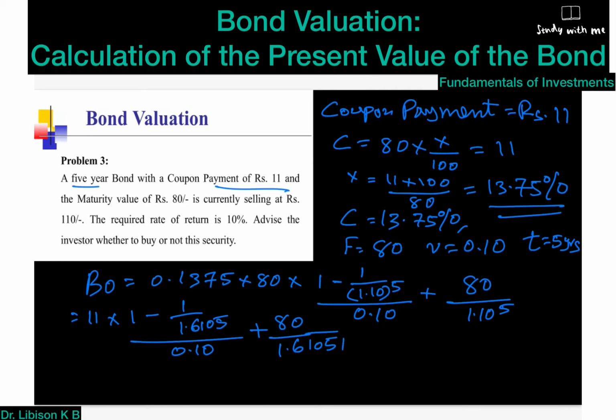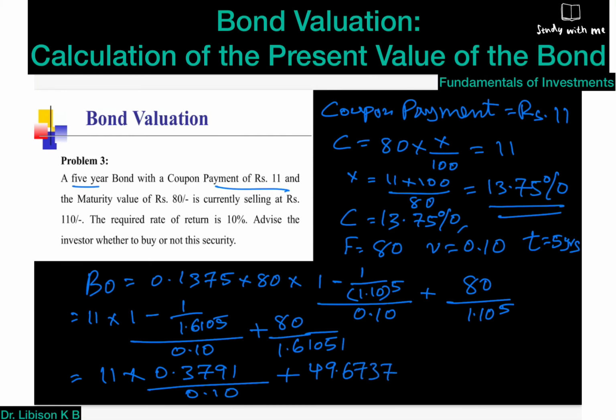When we solve it again, it comes to 11 multiplied by 0.3791 divided by 0.10, plus 49.6737.